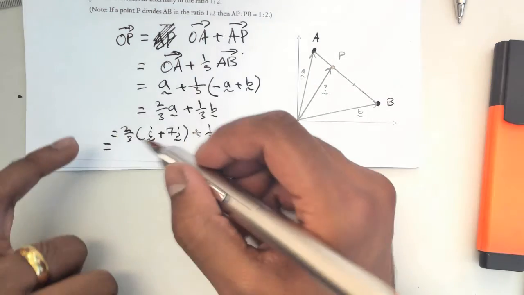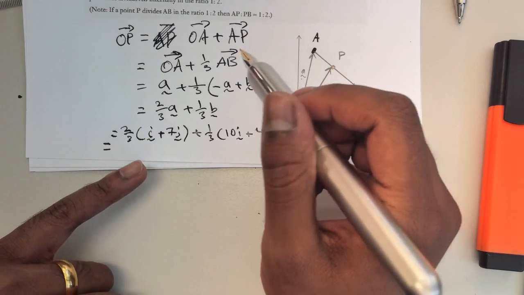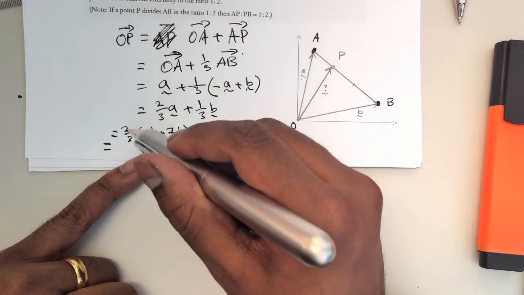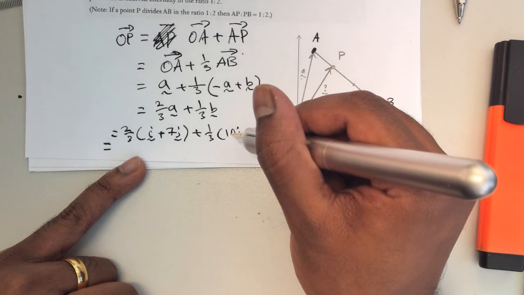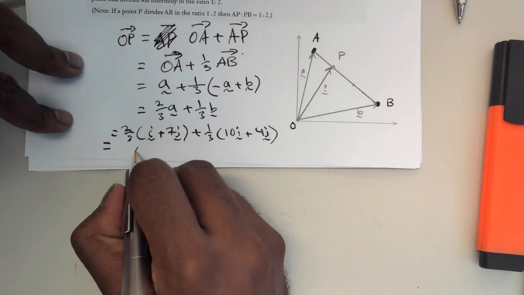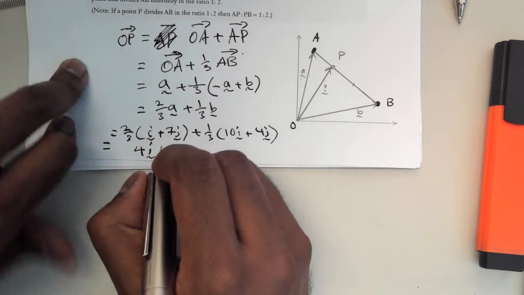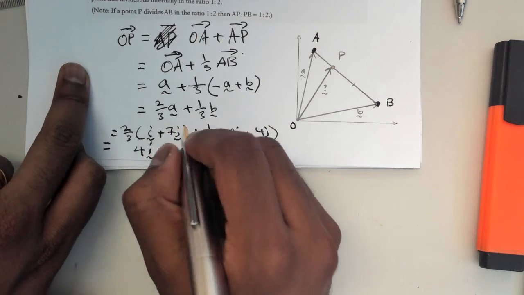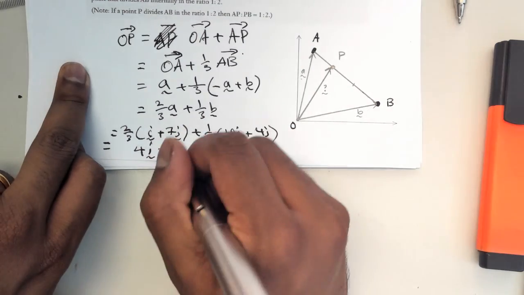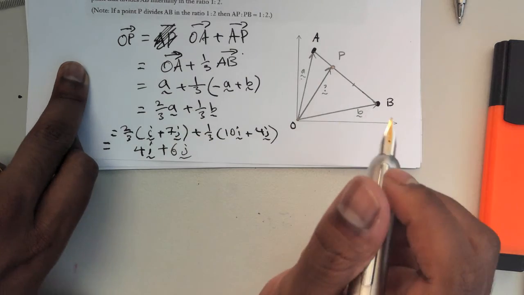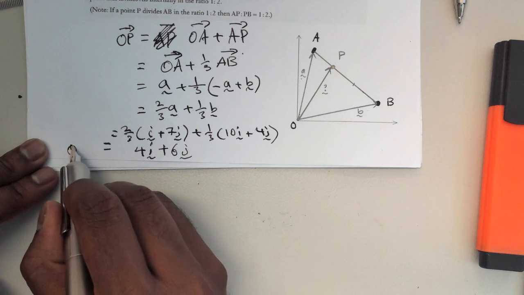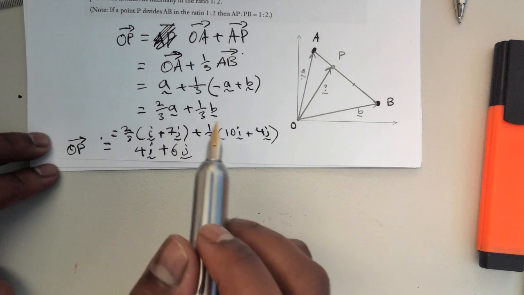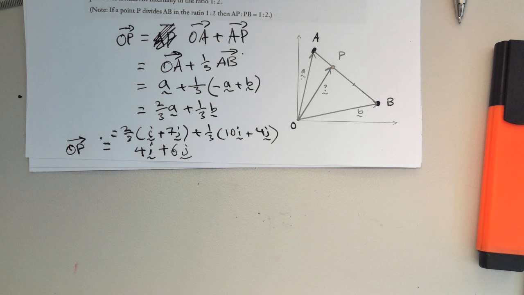So you would have to multiply that in there. 2/3 of 1 plus a third of 10 gives me 4i. 2/3 of 7 plus a third of 4 gives me 6j. And that is OP, or the position vector of point P.